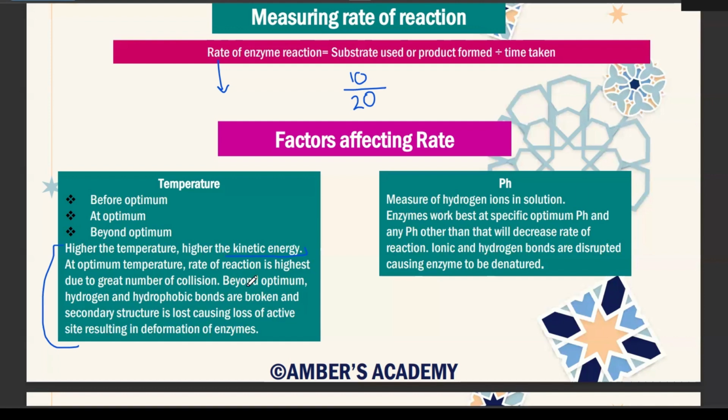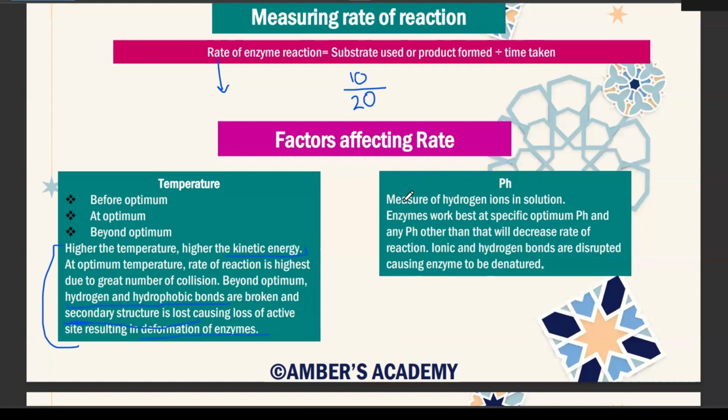So if we go beyond optimum temperature, then hydrogen and hydrophobic bonds are broken and you lose your secondary structure, which will cause the loss of active site and which will result in deformation of enzymes. Okay? So it's important to mention, this is your keyword: secondary structure is lost. Why is it lost? Because of the loss of hydrogen and hydrophobic bonds, which will result in deformation of enzymes.